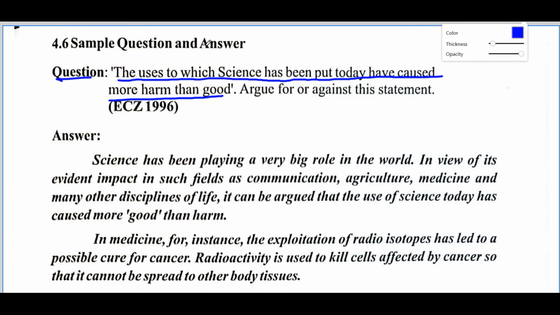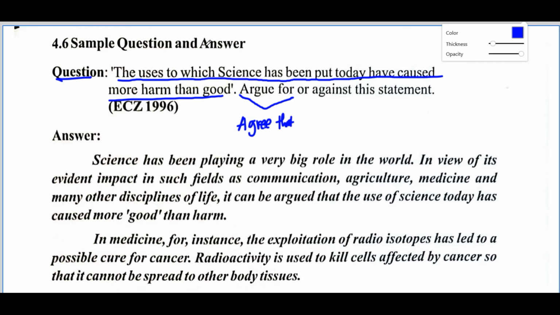So now, before we start answering our question, we need to look at which side we are going to take. So let's look at argue for. If you say you are going to take the part argue for, to argue for simply means you agree with the motion. You agree that what the motion is saying is true. You are in support of the motion.